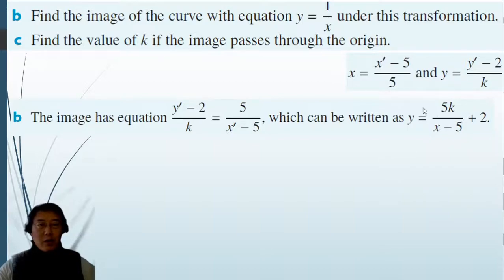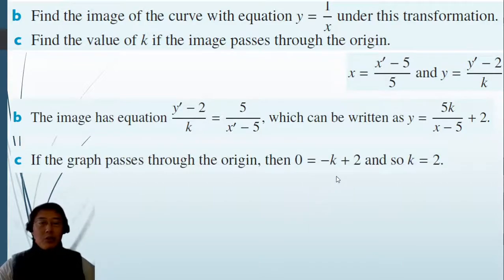So we end up with the new transformed hyperbola. And we're going to use this equation to find part C. With part C, that image needs to pass through the origin, whose coordinates are (0, 0). So you substitute x and y by 0, and you find the value of k to be 2.